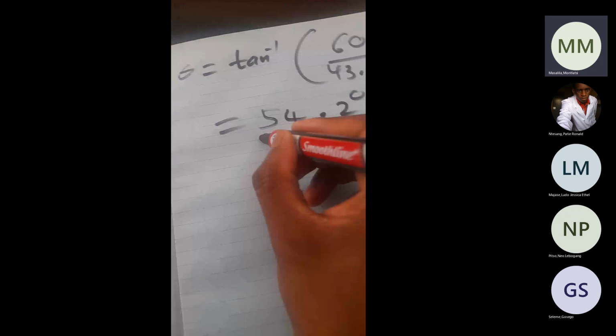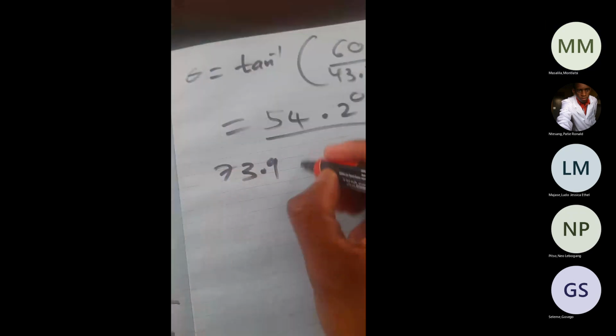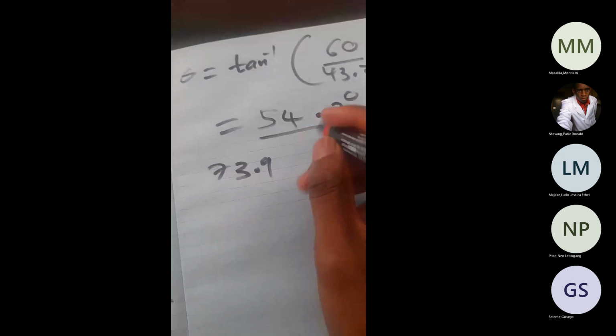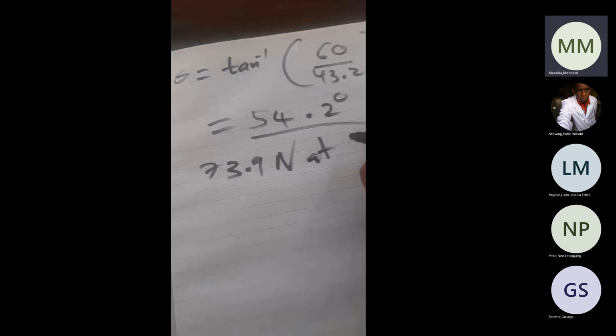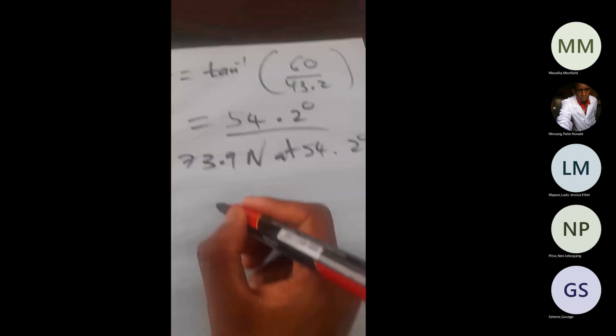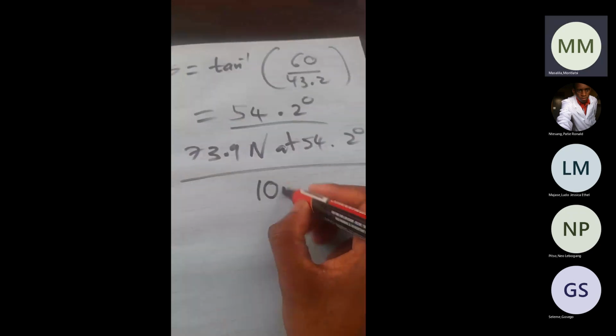Therefore, our magnitude is 73.9 newtons at 54.2 degrees. And you get your 10 marks.